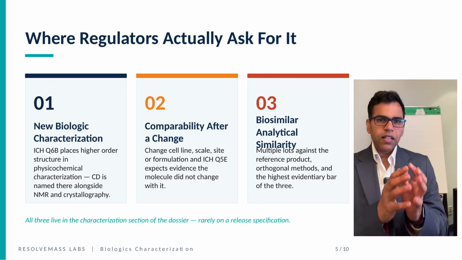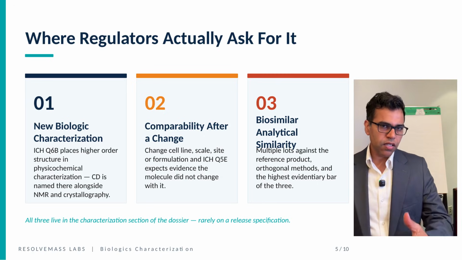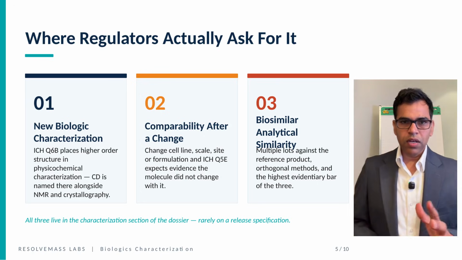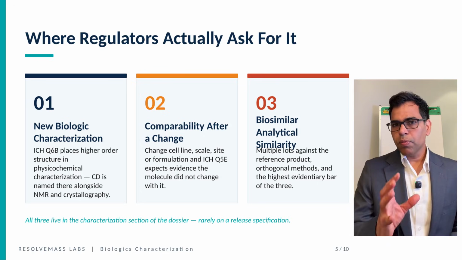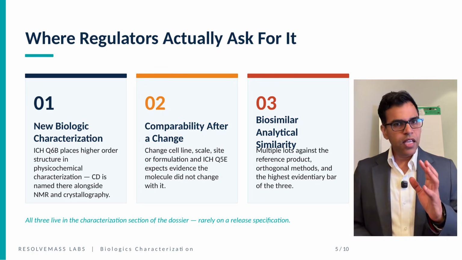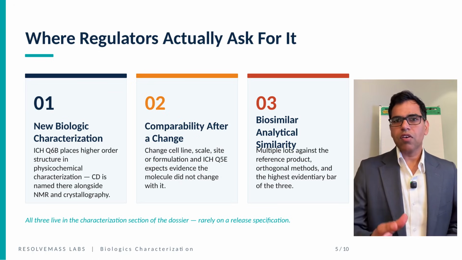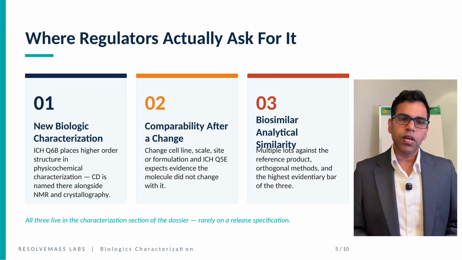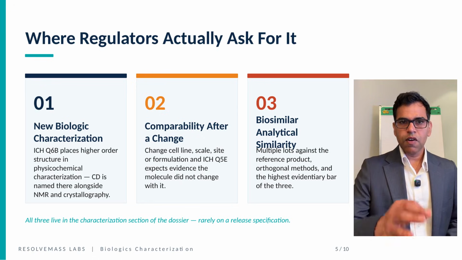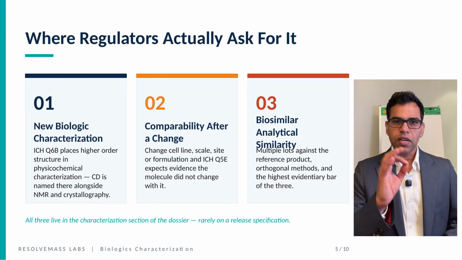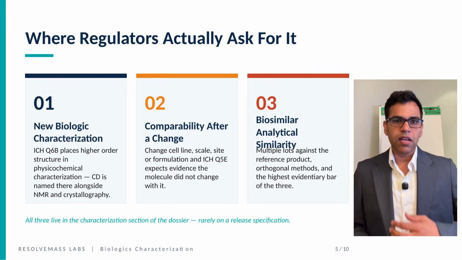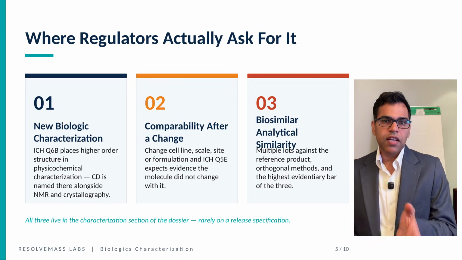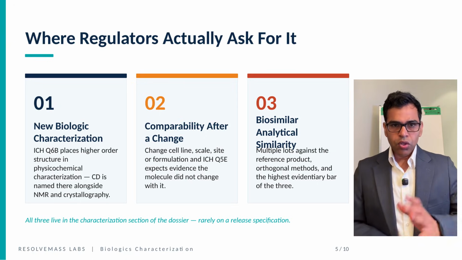So there are three places this test reliably shows up. 1. Characterization of a new biologic. ICH Q6B puts higher order structure in the physicochemical characterization section of the dossier, and circular dichroism is named there alongside NMR and crystallography. 2.